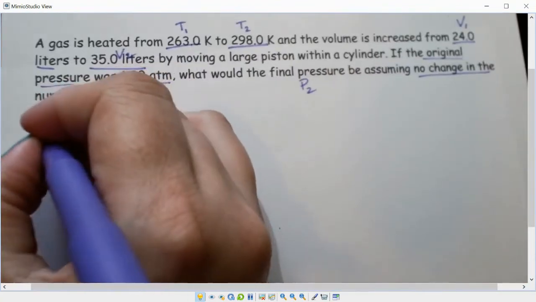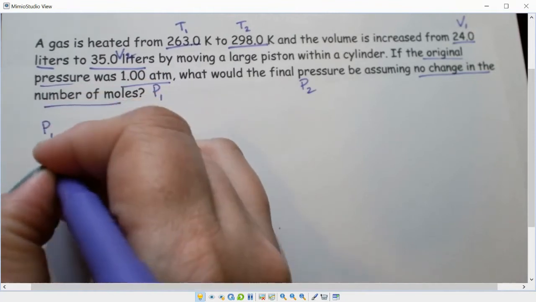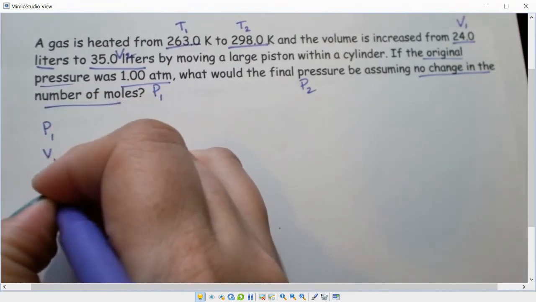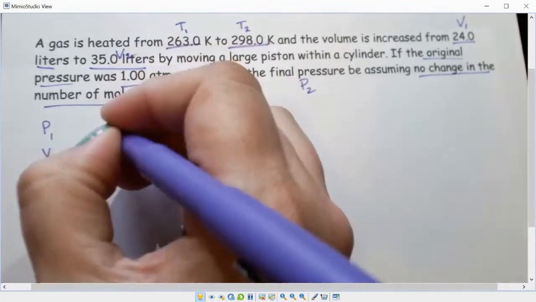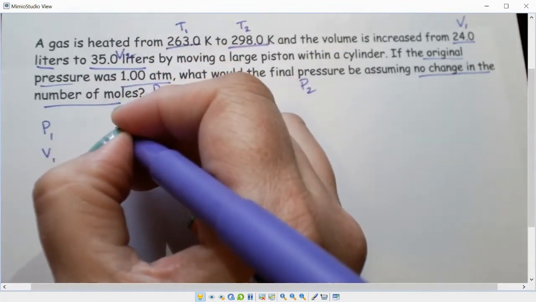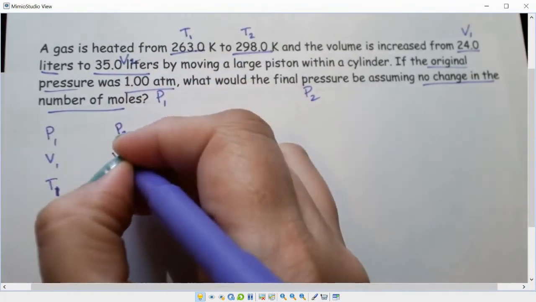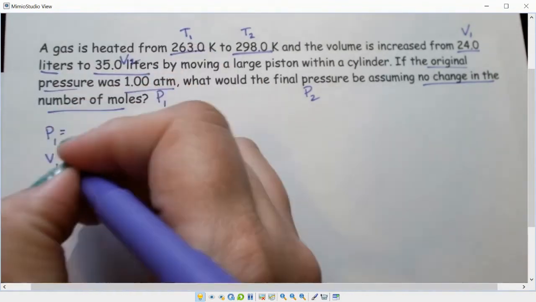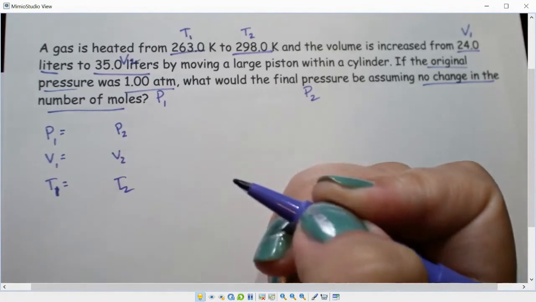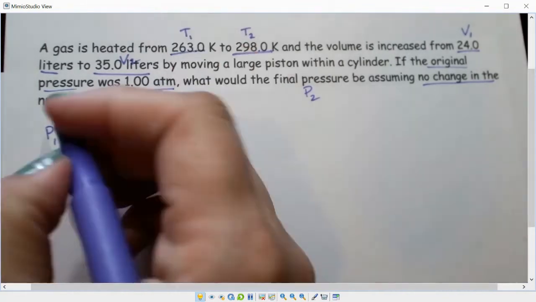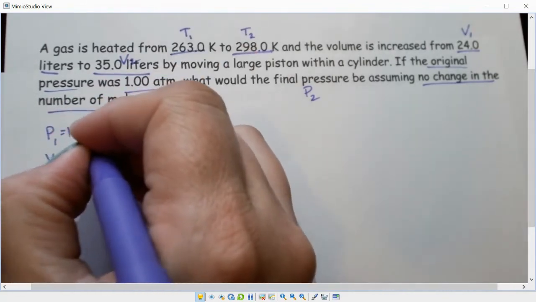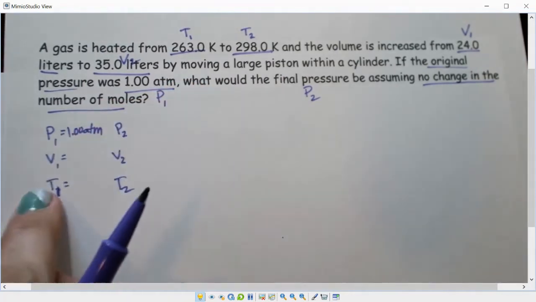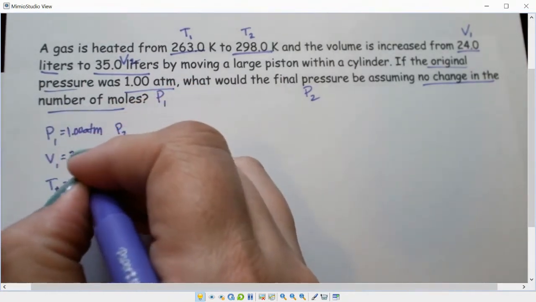So what I like to do is make a list of all the variables that could possibly be going on here. So we have P1, V1, T1, there's also P2, V2, and T2. And just plug them in to see what we're working with. So the original pressure was 1 atmosphere. The original volume was 24 liters.